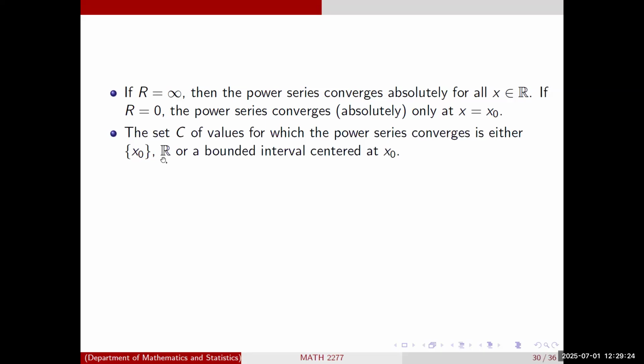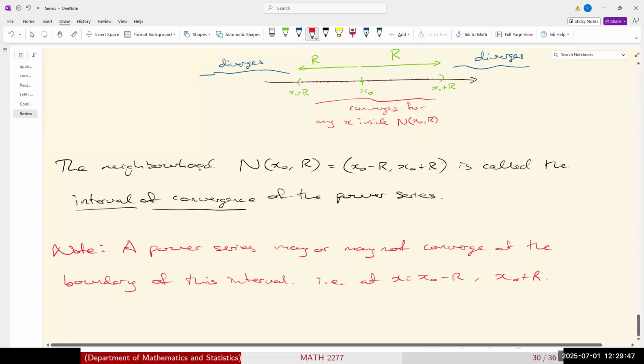Now, the set C of values for which the power series converges is either the center alone, all of the real numbers, that's when r equals infinity, or a bounded interval centered at x0. So C is called the interval of convergence.